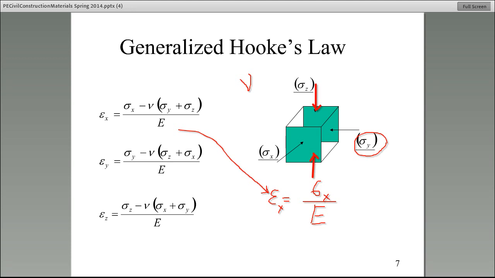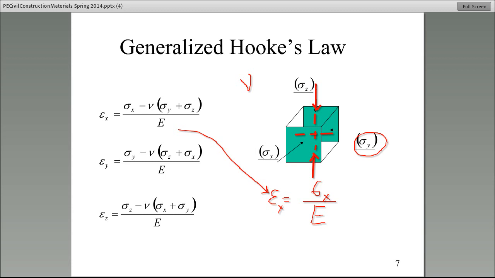And let's say it shortens the material. Well, Poisson's ratio tells us the effect of the change in dimension along that axis. How would that affect the change in dimension normal to that? All right? So that's what the effect of nu is.